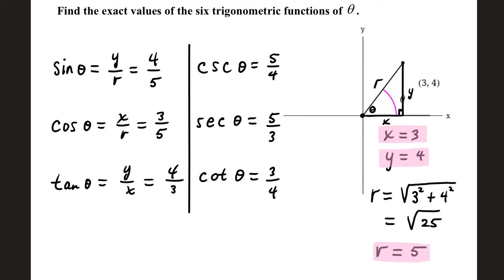Cosine is the x-coordinate over the distance from the origin, that's 3/5. And tangent is the y-coordinate divided by the x-coordinate, which is 4/3. Flip all three of these over, and you get your other 3 trigonometric functions. They're the reciprocals.